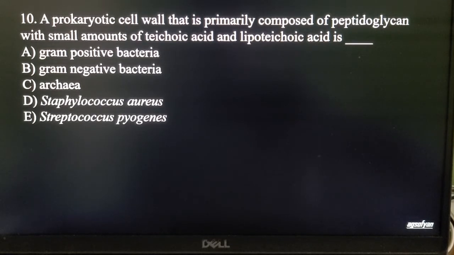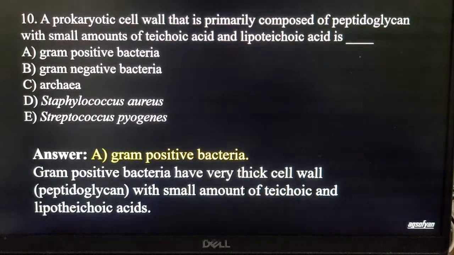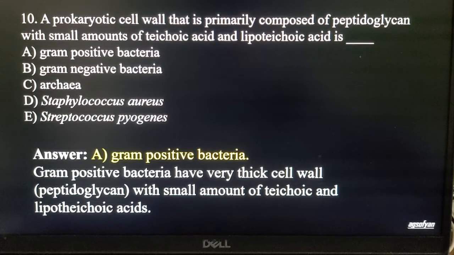Yes. The answer is gram-positive bacteria, which has very thick peptidoglycan with a small amount of other components like teichoic acid and lipoteichoic acid. Now, I just want to tell you that Staphylococcus aureus and Streptococcus pyogenes are actually also gram-positive bacteria.